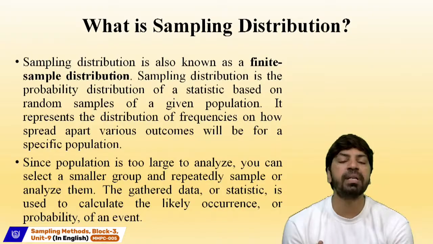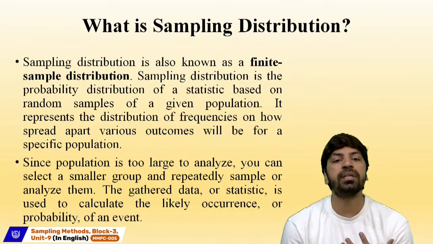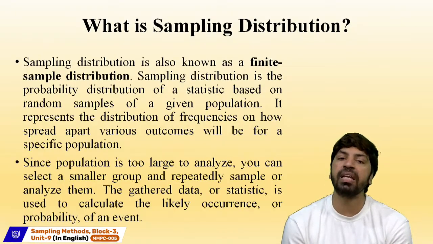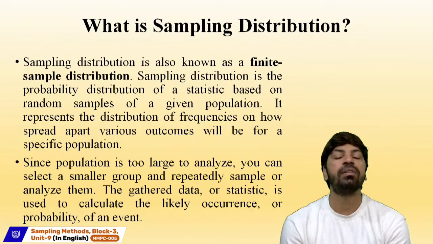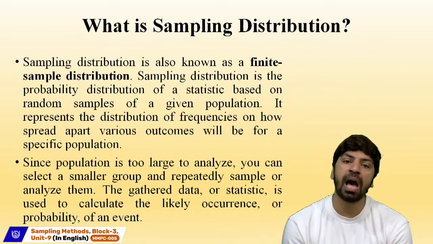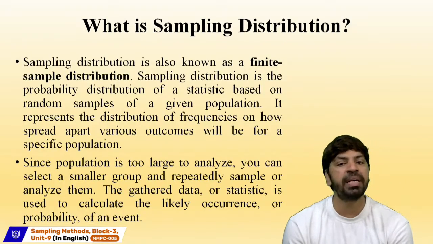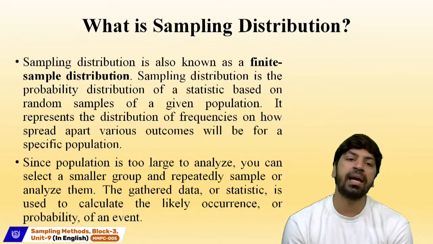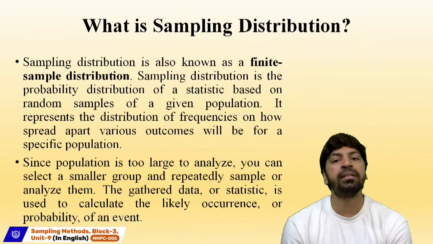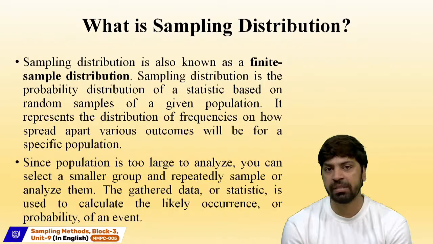It also represents the distribution of the frequency, that is, how spread apart the various outcomes will be for the specific population. Since the population is too large to analyze, you can select a smaller group or repeatedly sample and analyze them. The gathered data or statistic is used to calculate the likely occurrence or probability of an event.